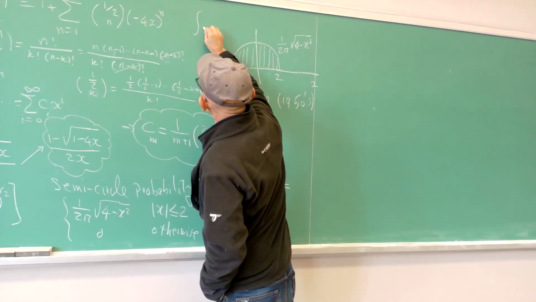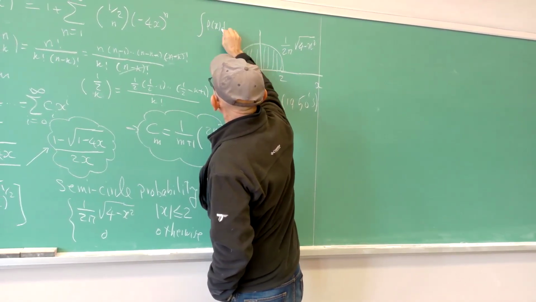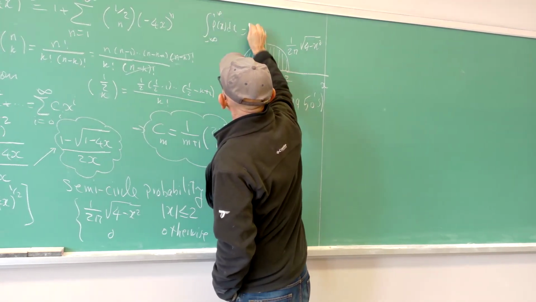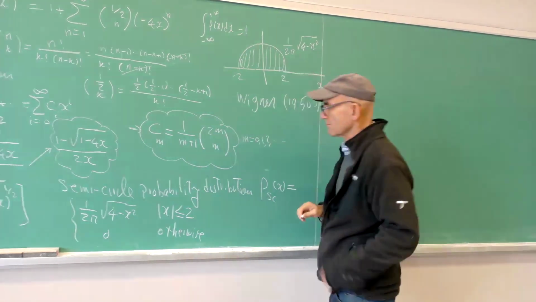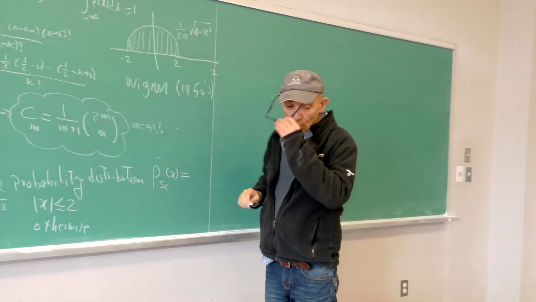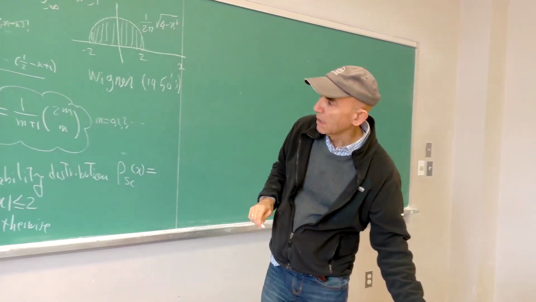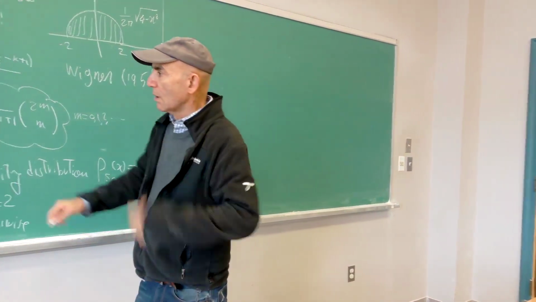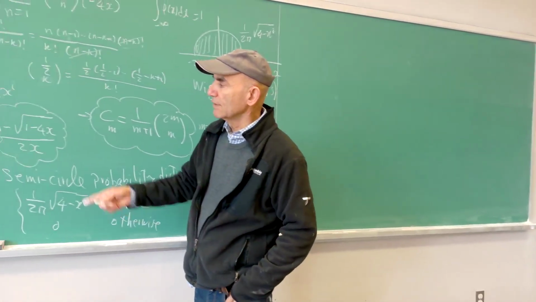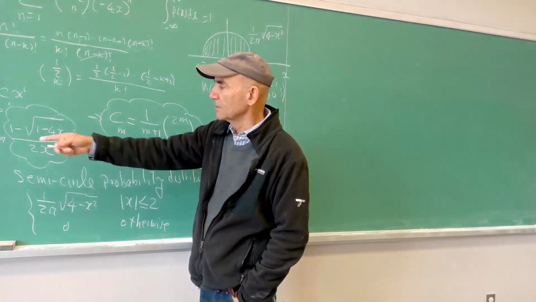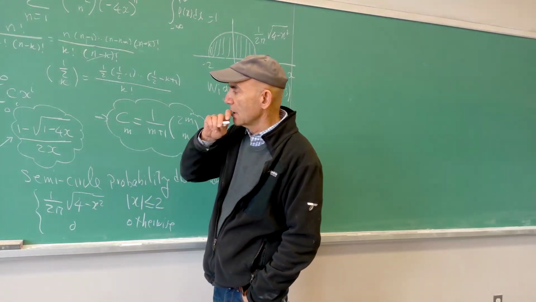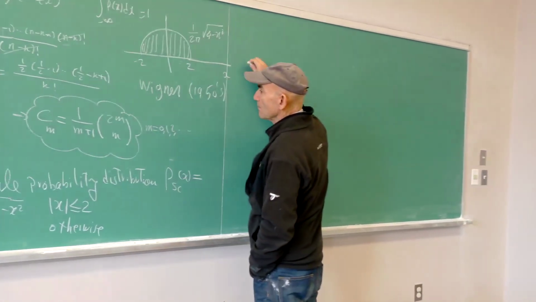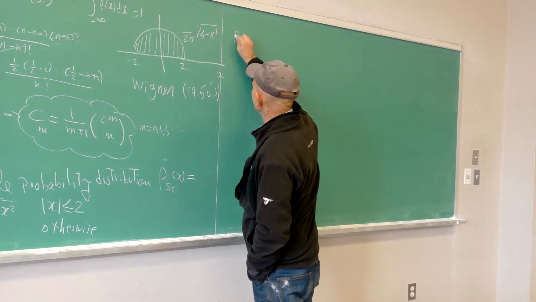So the integral of rho(x) dx from minus infinity to plus infinity is equal to 1. So for us now, it's kind of the third, or fourth, definition of Catalan numbers, which becomes the following. So we have the proposition.